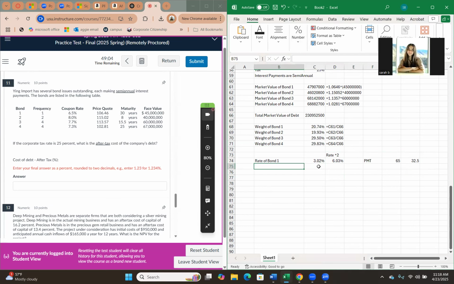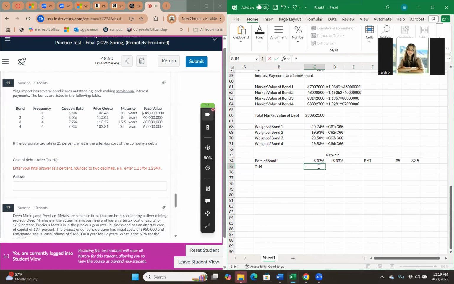Okay. Rate of, so now we do the same thing. Yield to maturity of bond one is just going to be this 6.03. So rate of bond two. So first let's calculate the payment, which is going to be 8% times 1,000 and then divided by 2 because they pay semi-annual.